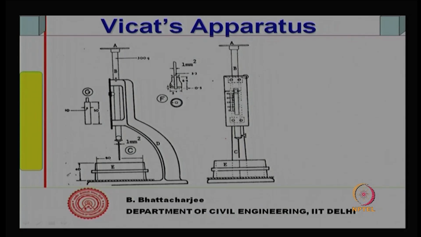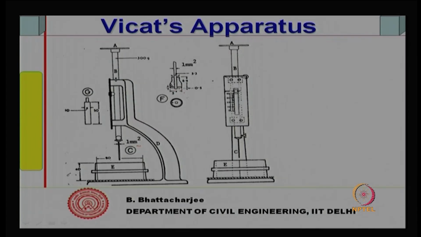Now, this apparatus has your cement paste in a mold. The mold dimensions are given, not very important for our class. And you have a needle, called the Vicat needle, in fact more than one needle. First you have a 1 millimeter square needle, and then a needle plus a plunger, the plunger of larger diameter, with a small gap between the tip of the needle and the plunger bottom.